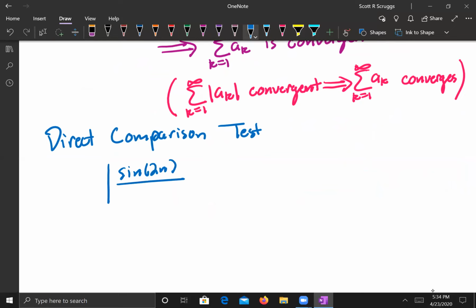So right now my terms are sine of 2n over 1 plus 2 to the n. My denominator is already positive, so the absolute value is redundant. Actually, let's add this here as a middle step.